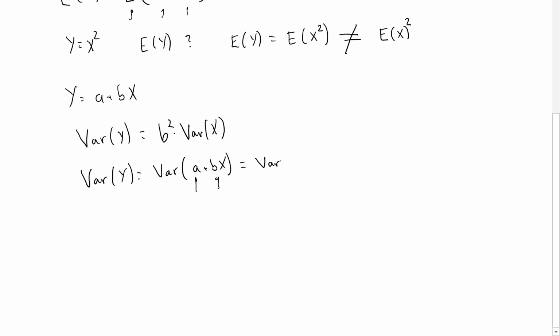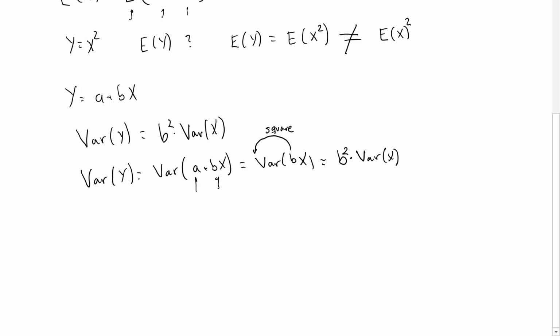This constant can go outside, but we have to square it. It's a really important rule to remember. Whenever you take a constant outside the variance, it must be squared, so it's b squared, variance of x.